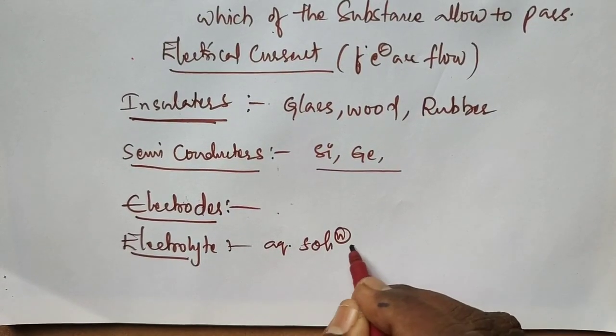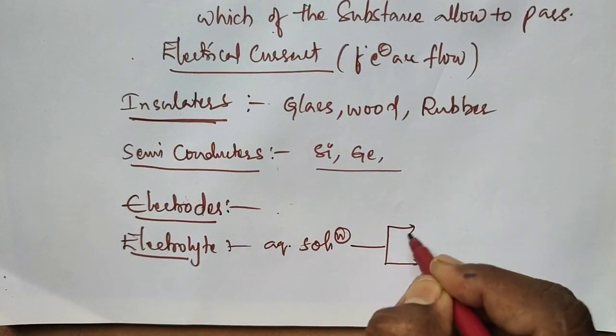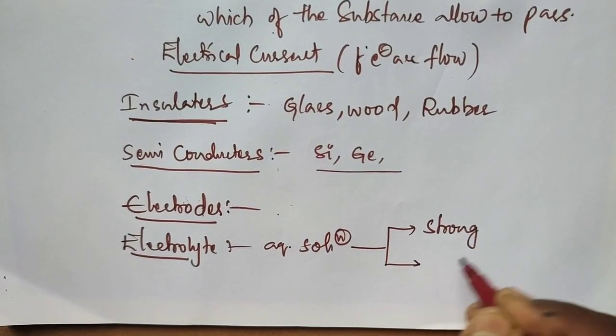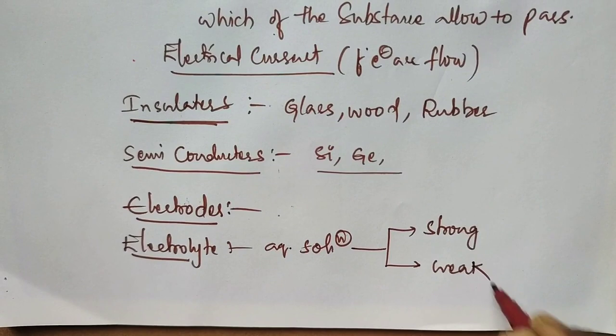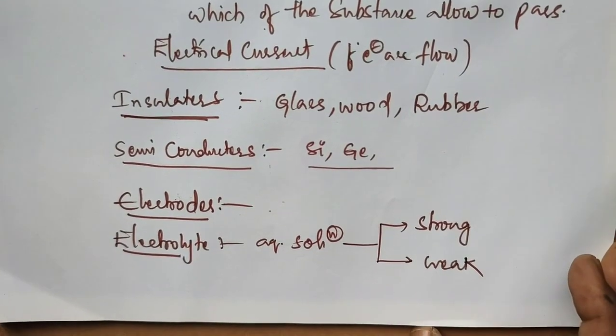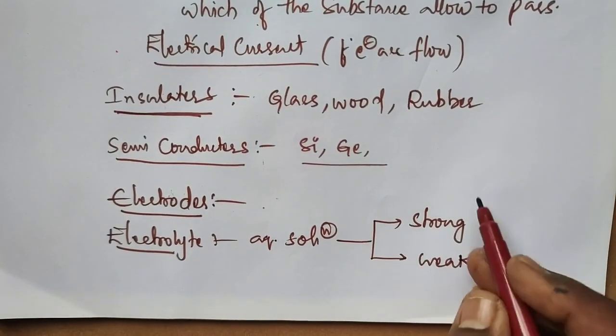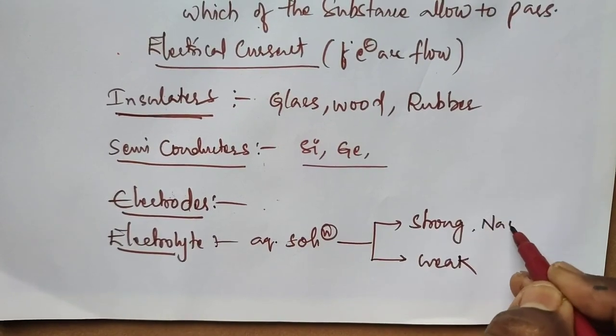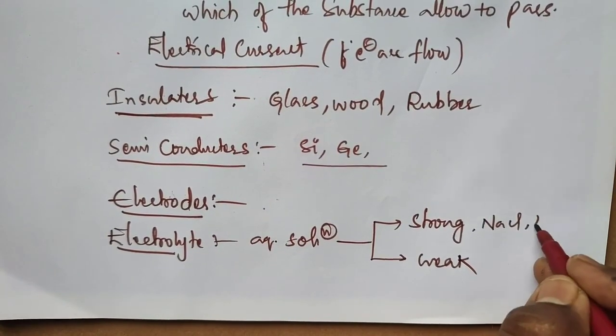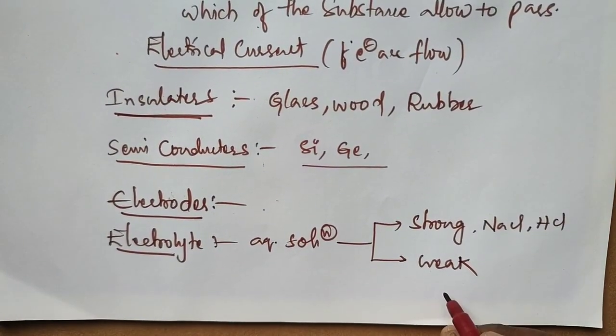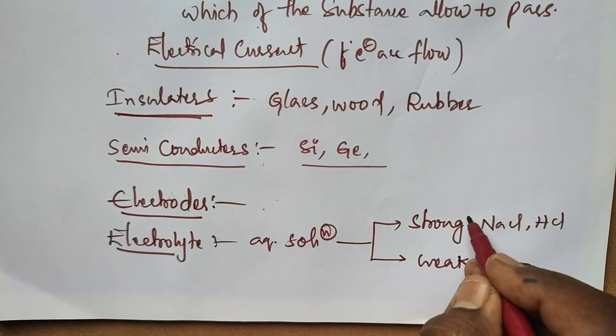These electrolytes are of two types: strong electrolytes and weak electrolytes. For strong electrolytes, we take NaCl and HCl as examples.